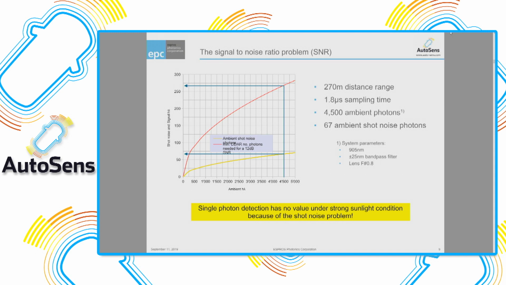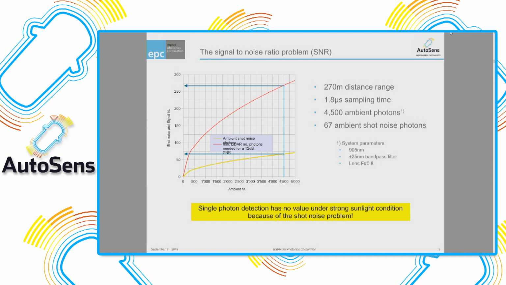if we collect 4,500 ambient light photons, then the shot noise here is 67 electrons. And to achieve a 12 decibel signal-to-noise ratio, you have to multiply that figure by 4, which is this one.